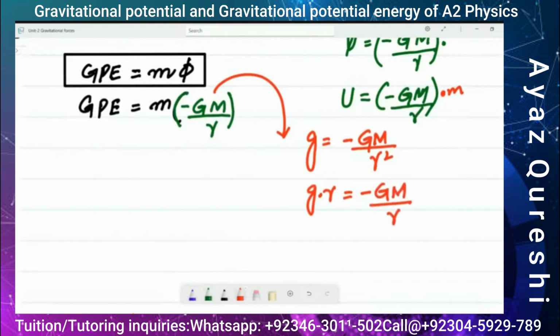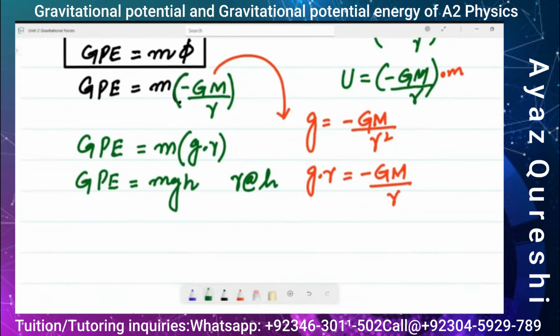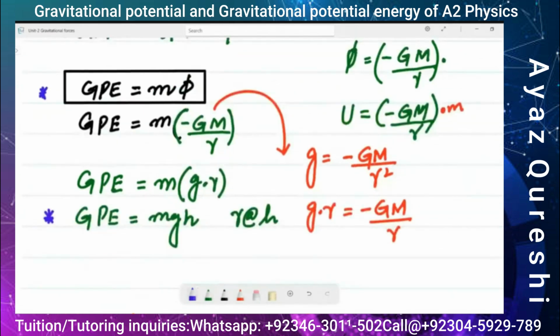So now I'm going to replace this: GPE is equal to m into g into r. Here an assumption is that r can be taken as height above the surface, because now we are moving above the earth. So your GPE is basically also equal to mgh, right? These are some relations which are asked from the GPE topic.